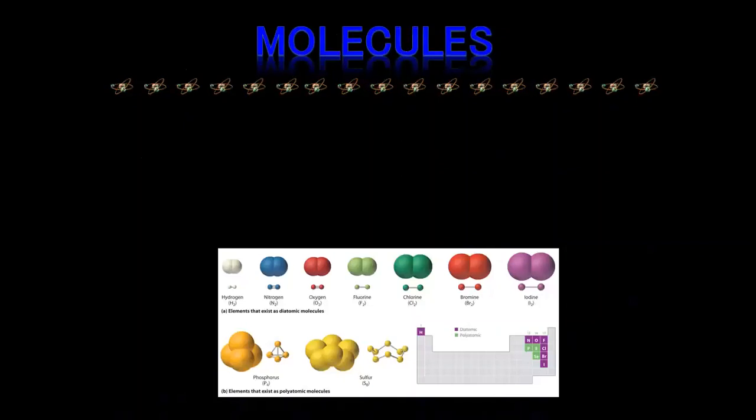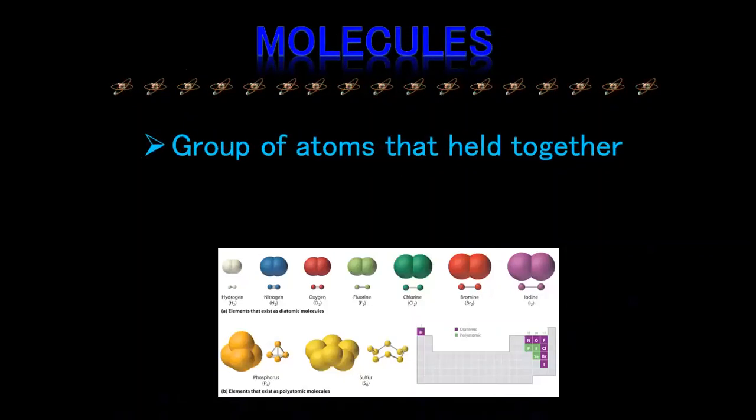As we discussed in our first lesson, a molecule is a group of atoms held together. There are many substances that exist as 2 or more atoms connected together so strongly that they behave as a single particle. These multi-atom combinations are called molecules.